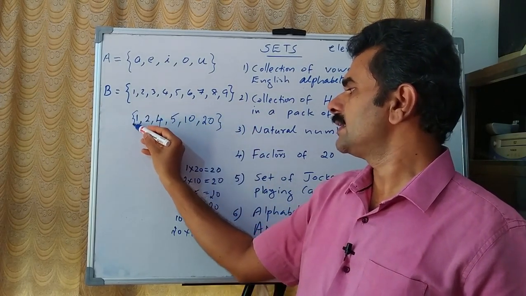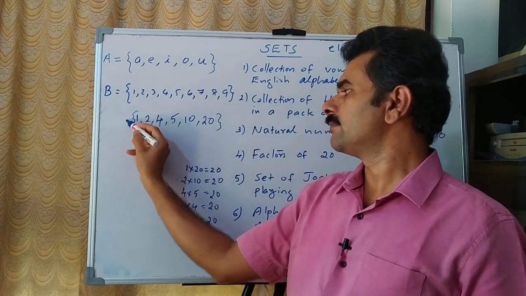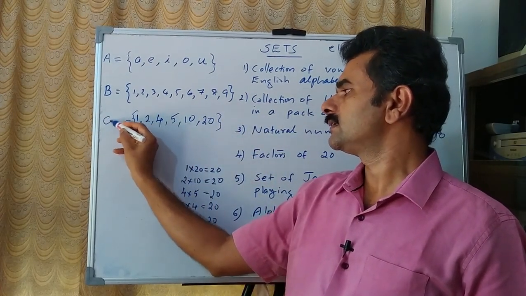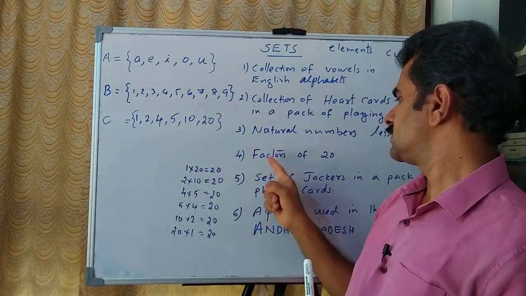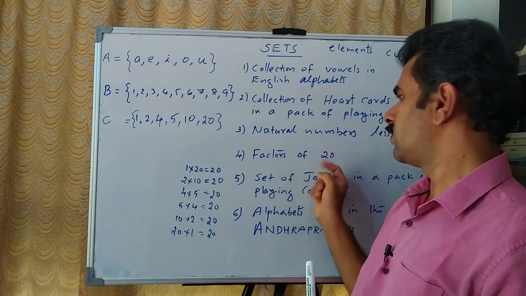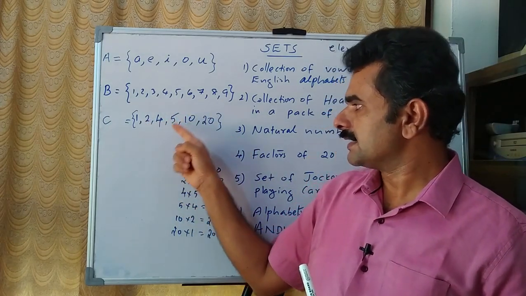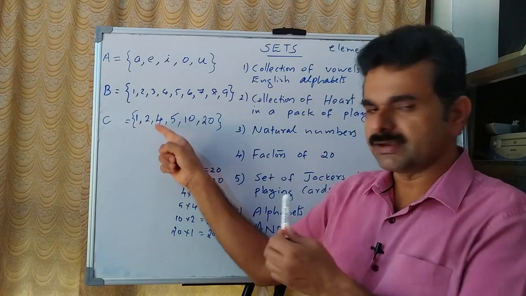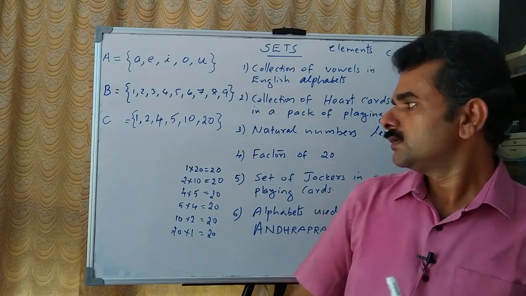So when these items are grouped under these curly brackets and named as C, then it is a set of all factors of 20. These are the factors of 20, and it is very clear that these are matching the factors of 20.